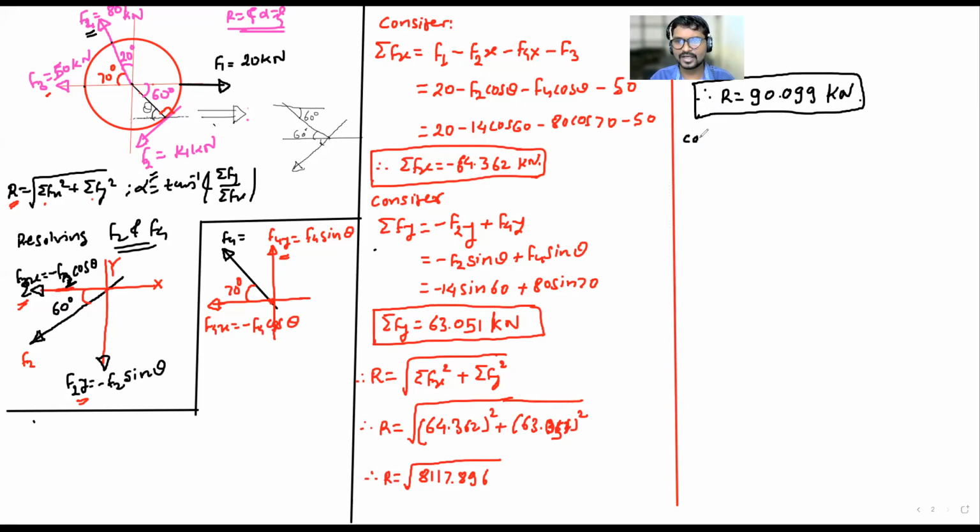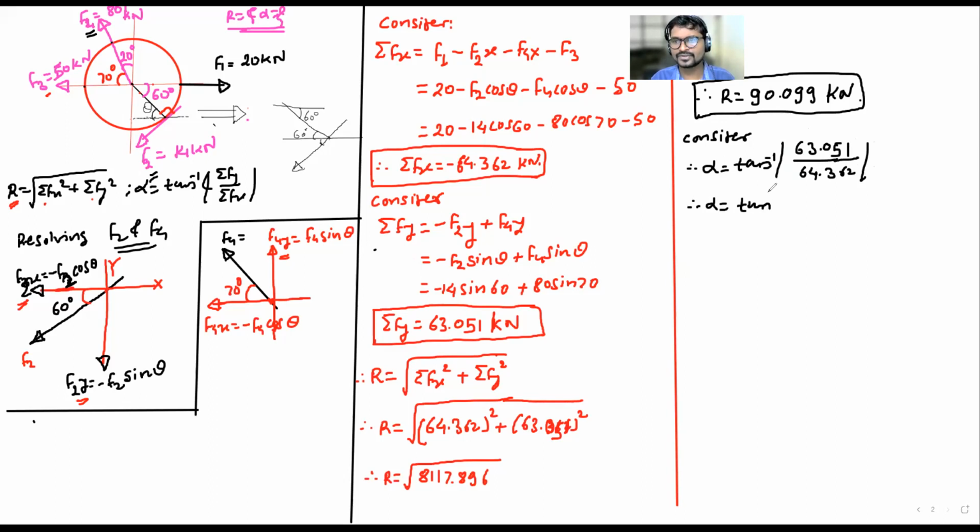Next, consider alpha, that is the direction of the resultant. Tan inverse of mod of, mod means minus becomes plus, 63.051 divided by 64.362, making the minus a plus.